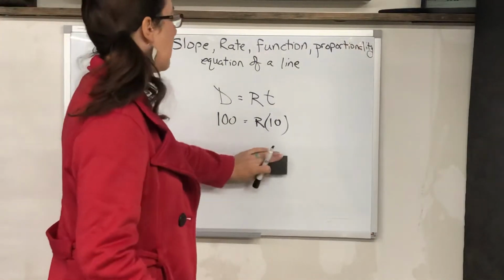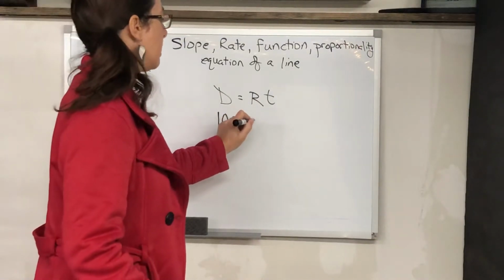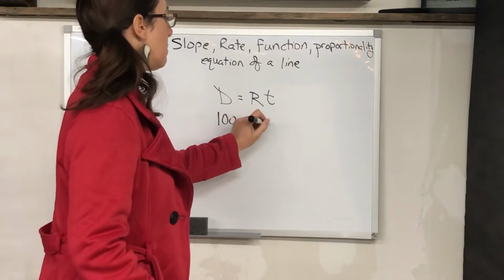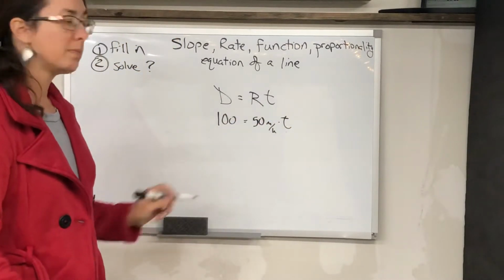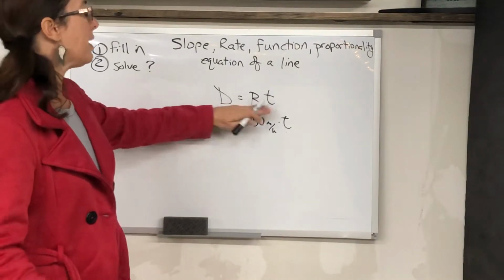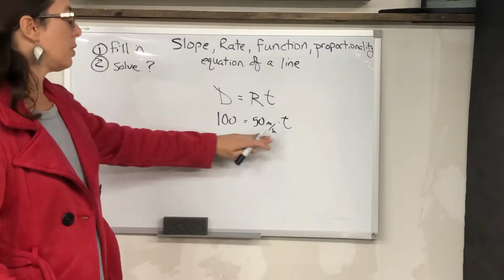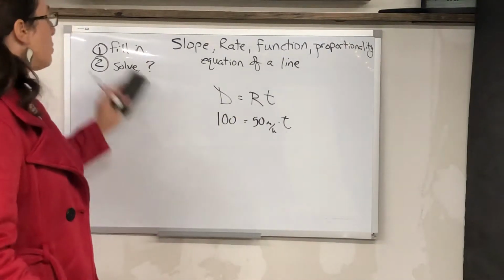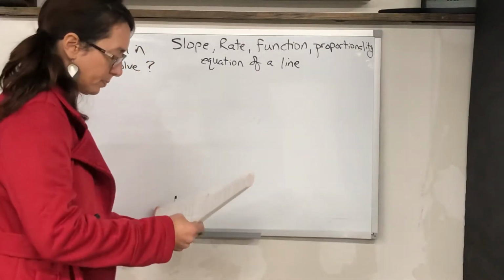Or I could say I'm driving 100 miles and I am going 50 miles per hour. How long does it take me? It's going to take me 2 hours. Okay, so you might have multiple options, but you're going to have 2 knowns, okay? And then we're going to fill in what we know, and then we solve for what we don't know.